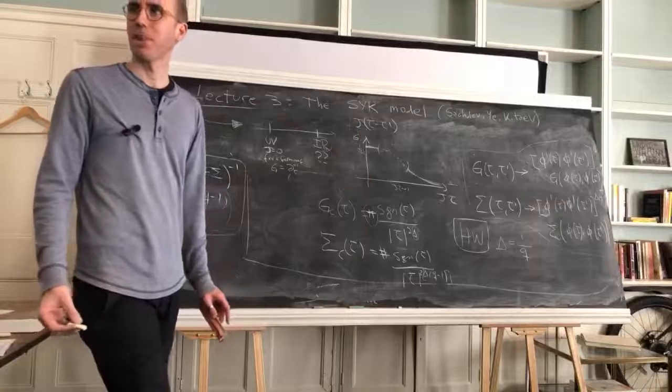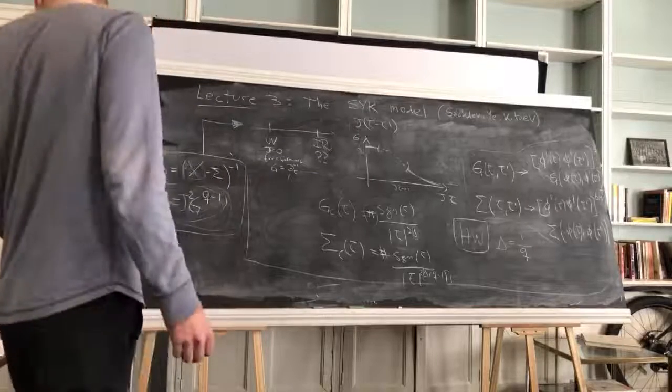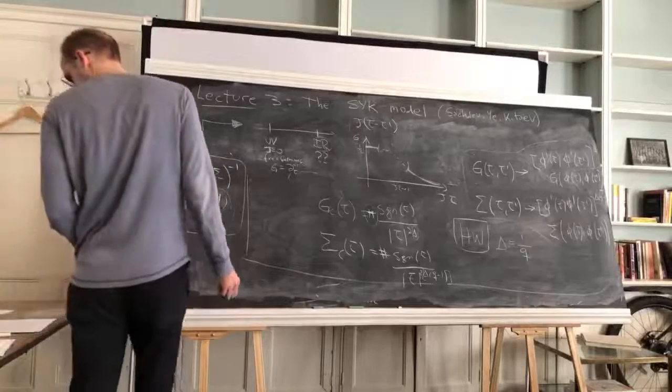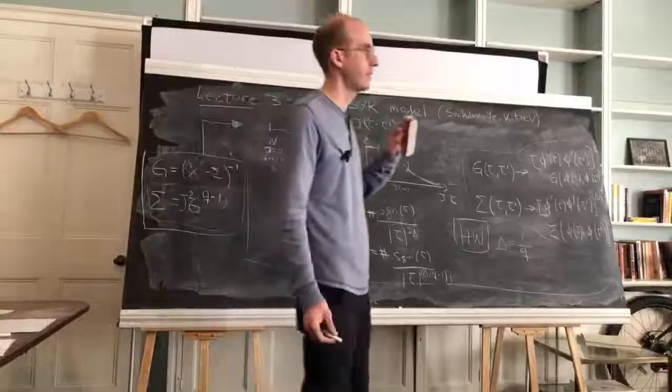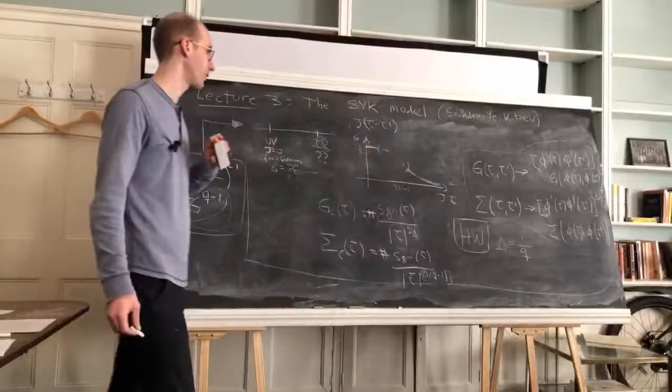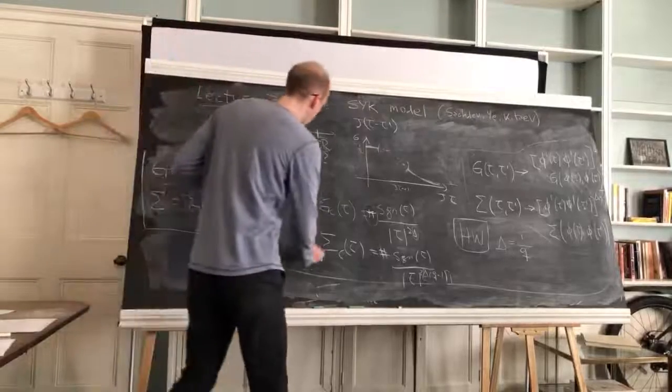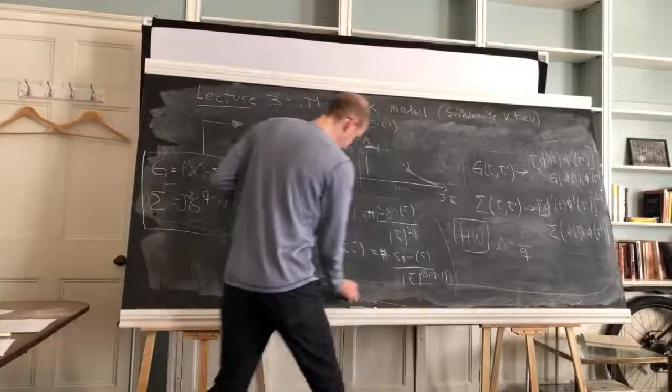Okay, so no, let me just recap a little bit and tell you where we are heading next, and then we finish. Okay, so we found some solutions that are conformal.